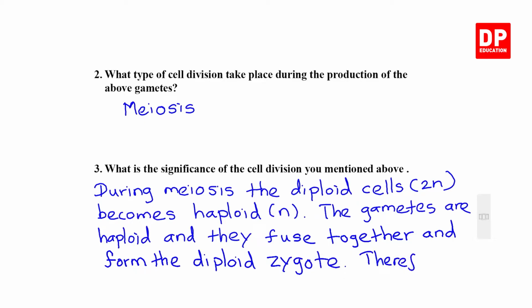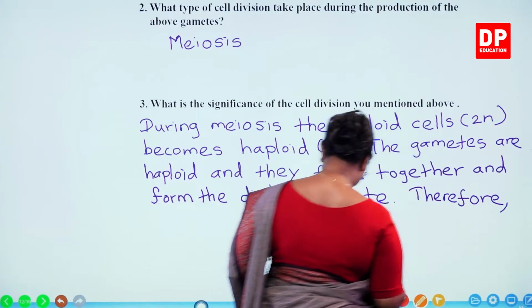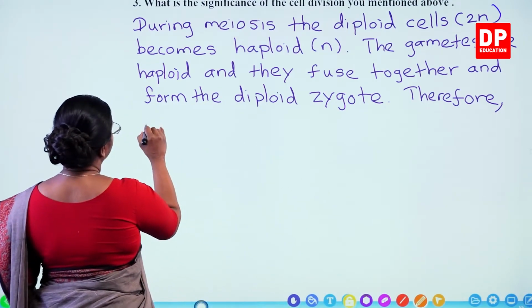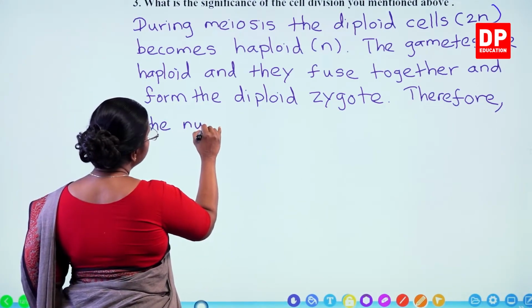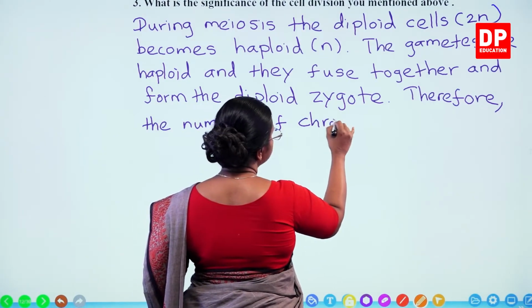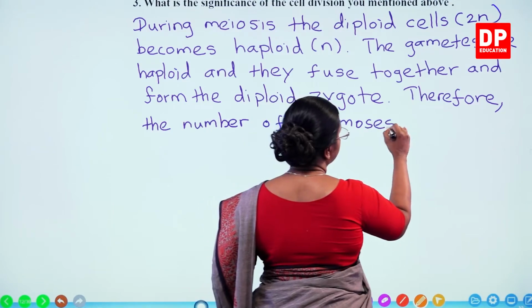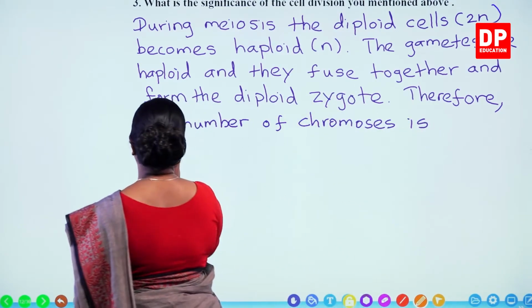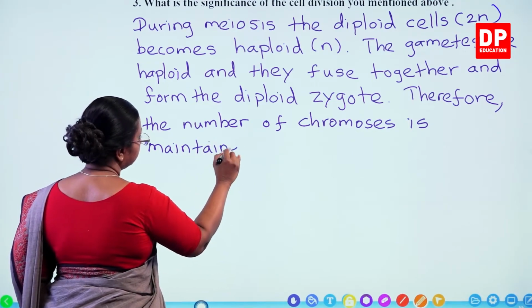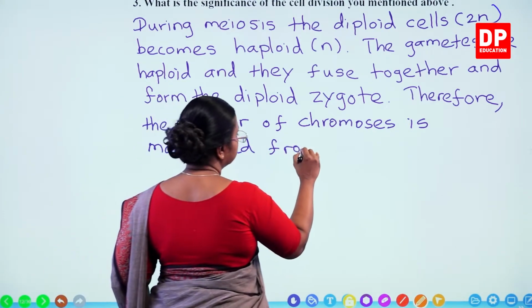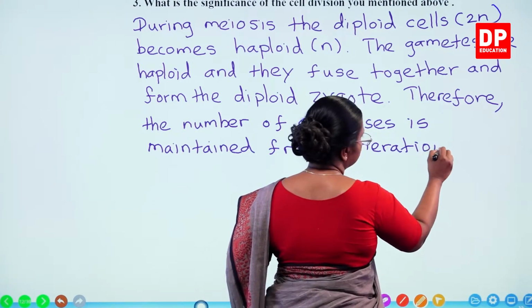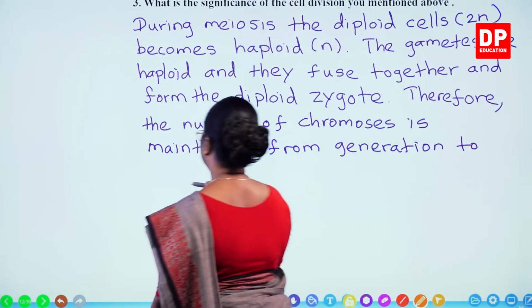Therefore, the number of chromosomes is maintained from generation to generation.